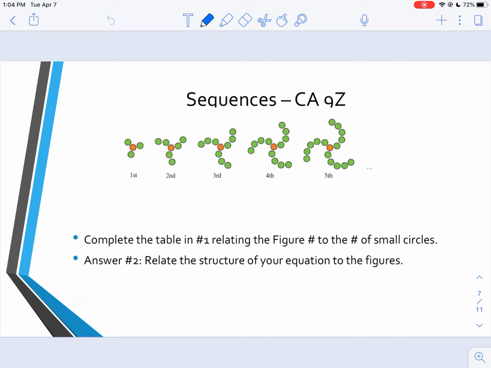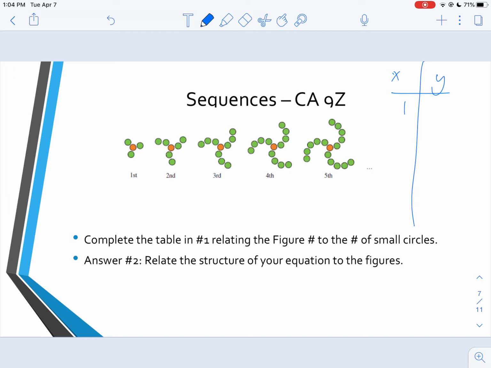All right, so this has us creating a function out of the sequence. And what I mean by that is this picture is just a sequence. It's just a list of items. In this case, it's a picture, really, a figure. But then when they start putting these figure numbers on it, it really starts to turn it into a function.